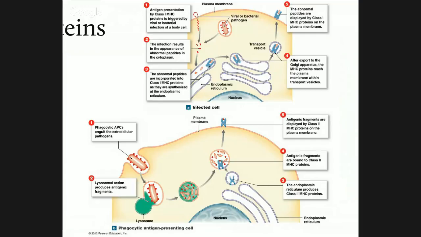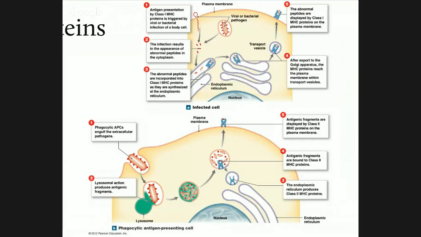But proteins that are made in the endoplasmic reticulum will end up being presented on the surface of the cell by class 1 MHC. Now in this picture, which they've labeled infected cell, they're suggesting that either a viral infection or a microbial infection getting into the cell will cause the cell to make antigens based on its being infected, like making new virus particles.